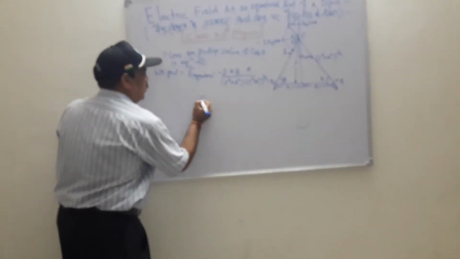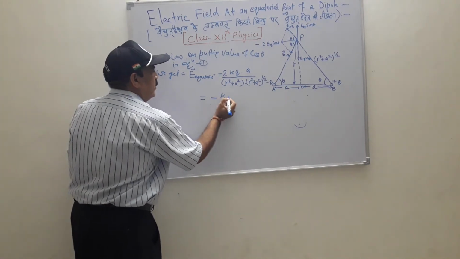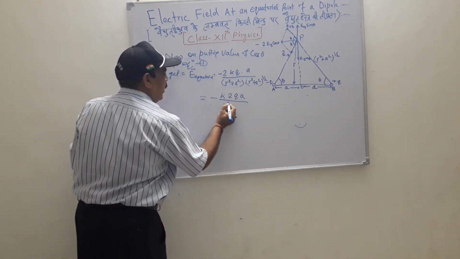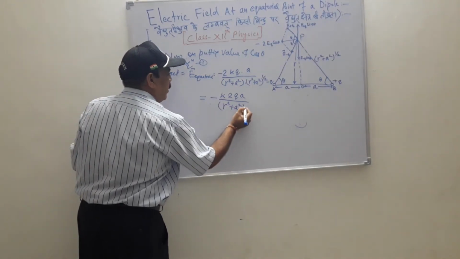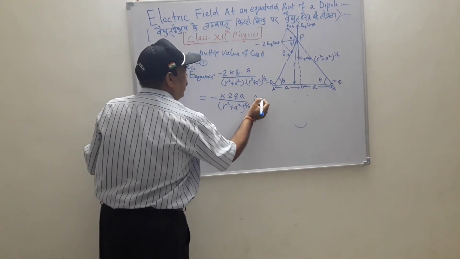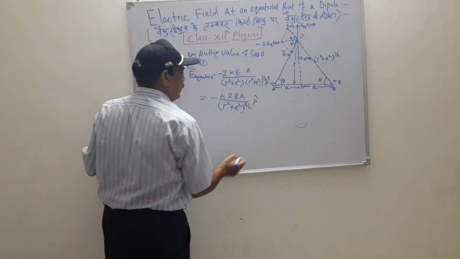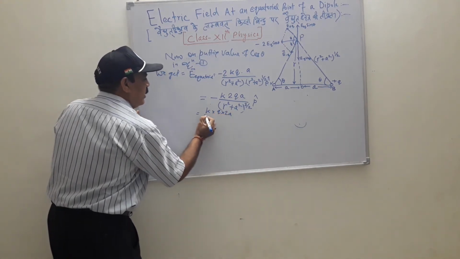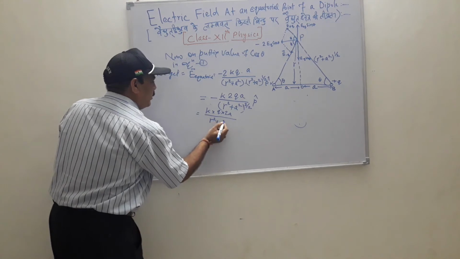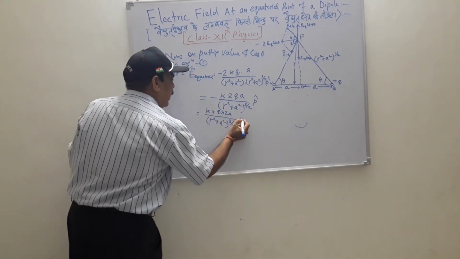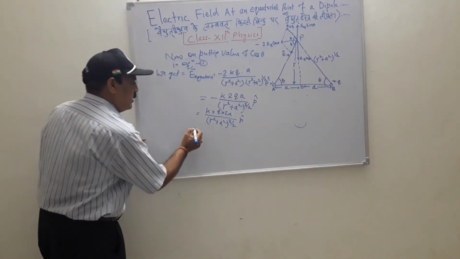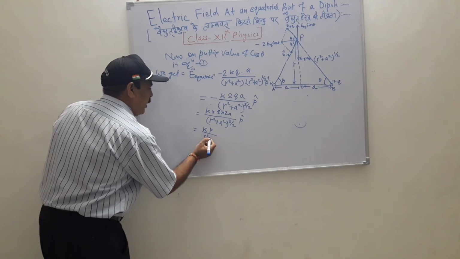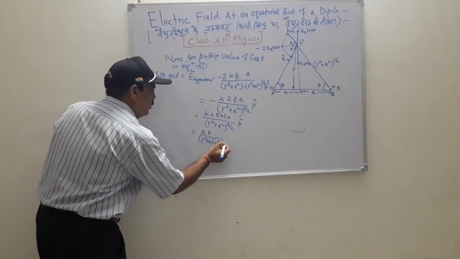That equals negative K 2Qa divided by r square plus a square whole to the power 3 by 2, which equals K into Q into 2a divided by r square plus a square whole power 3 by 2 p cap. This is given as Kp divided by r square plus a square whole 3 by 2 p cap.